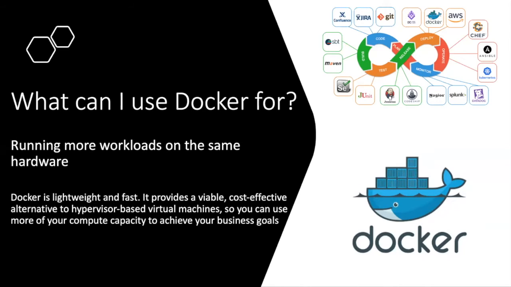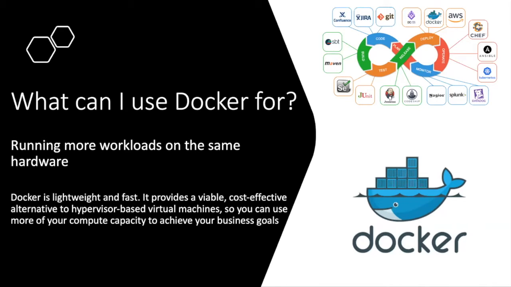You can also use it to run more workloads on the same hardware. We sort of covered this on the second slide, where we were talking about what Docker is. But again, because Docker is very lightweight and uses a very loosely coupled abstraction with the underlying operating system, it provides you the ability to run multiple containers on the same physical hardware.